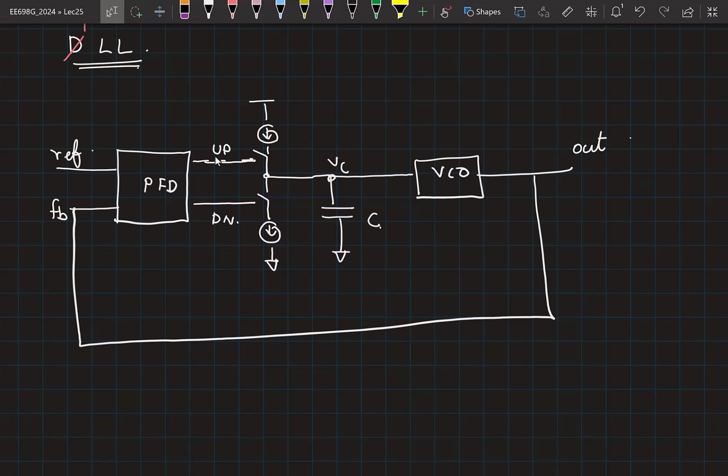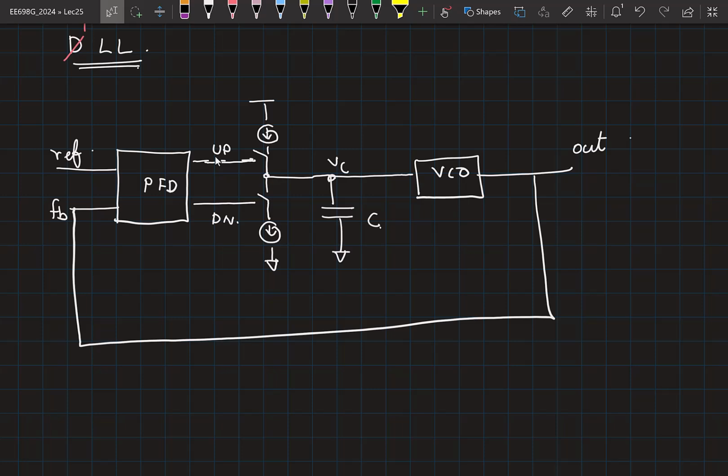If I want my M to be 1, 2, 3, 4, 5, then in the graph of f0 versus VC, all of these M1, M2, M3 should be there, otherwise it cannot lock. In this configuration we assume unity.